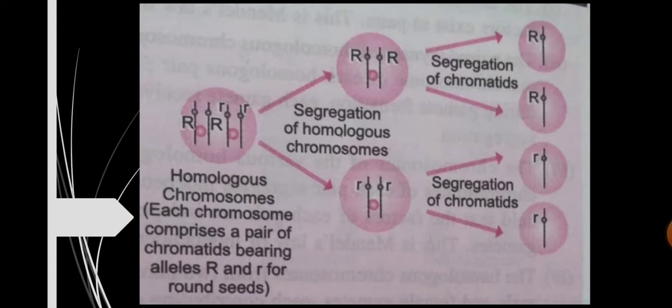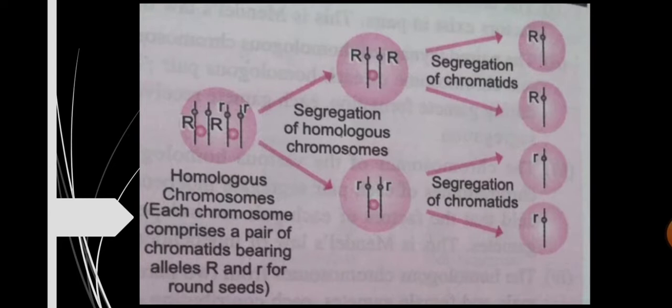So here we can see in the first phase, that is metaphase 1, the homologous chromosomes are aligned along the metaphase plate. These homologous chromosomes, which bear a pair of factors, separate in anaphase 1. So this is anaphase 1, in which the homologous chromosomes are getting separated.